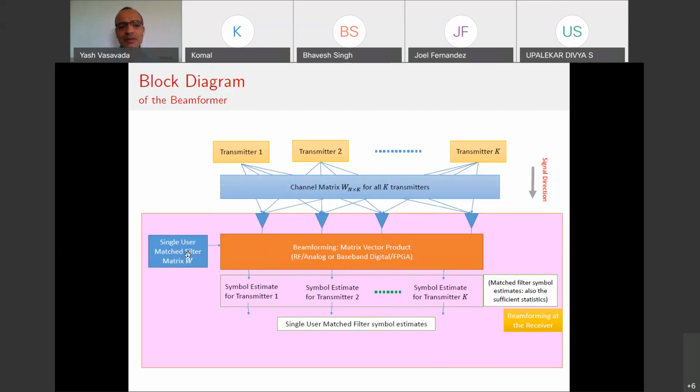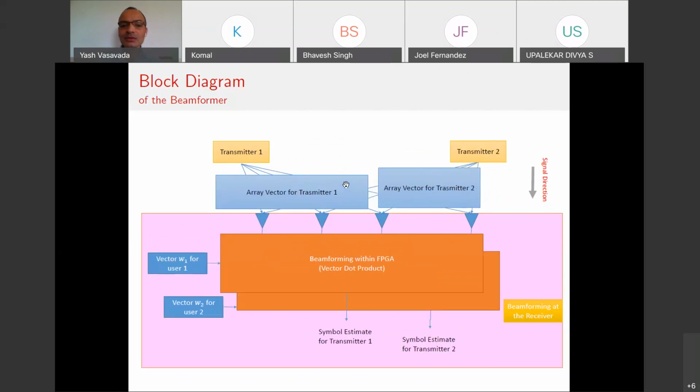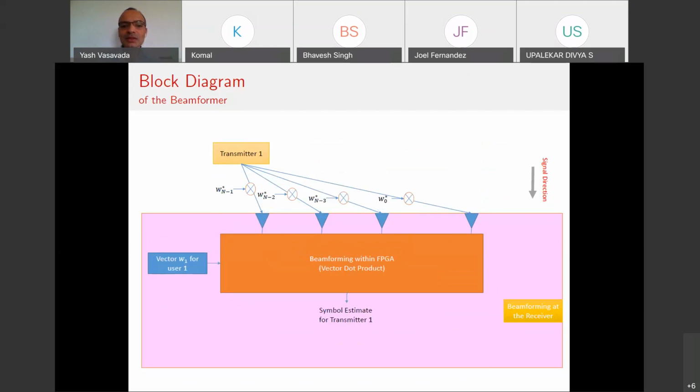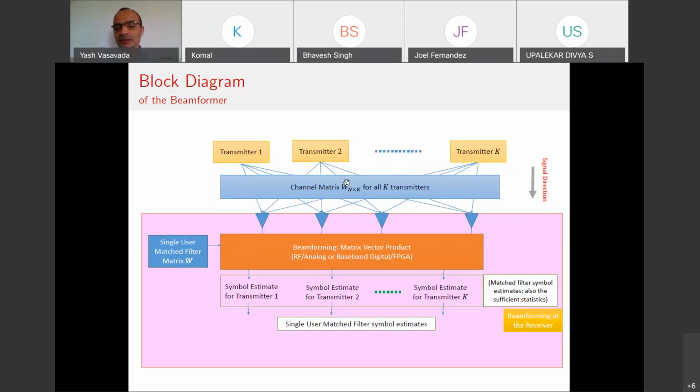And the single user matched filter technique uses a matrix W as the input to this beamforming. Actually, here, to be consistent with this notation, maybe I should have called this W conjugate. But that, I think, would disconnect with the notation that we have introduced earlier.